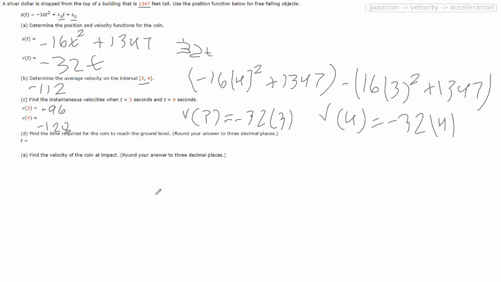Alright, next one. It asks us to find the time required for the coin to reach the ground. Since it's asking us for time, we're going to use the position function.